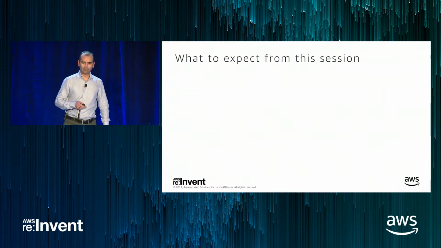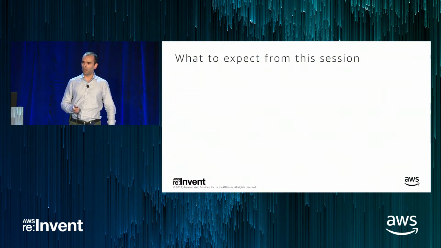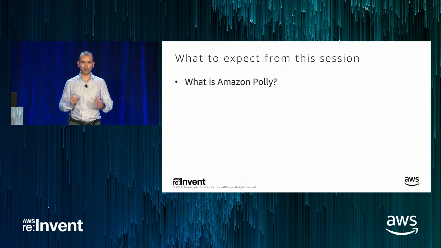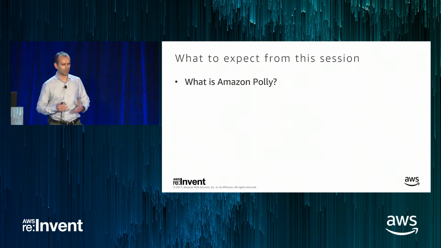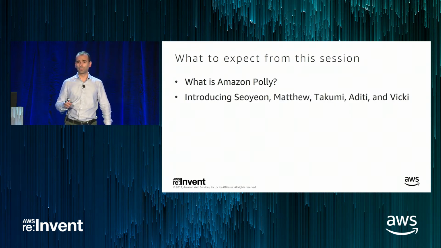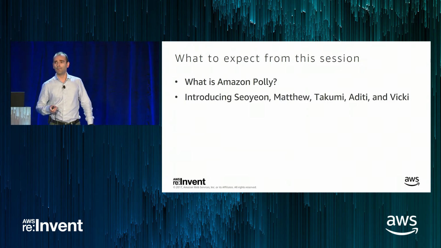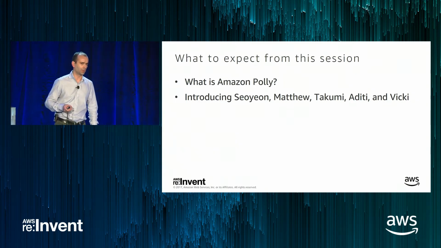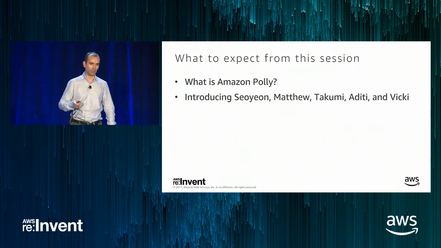Okay. So I will talk to you about the service and how text-to-speech works a little bit. Then I will introduce some of the new voices that we have launched since last year's re:Invent when we launched Polly itself.